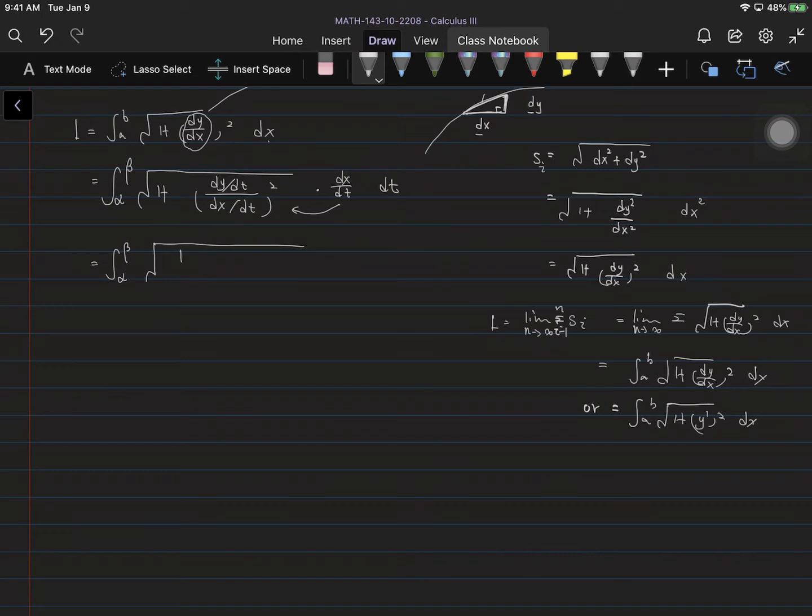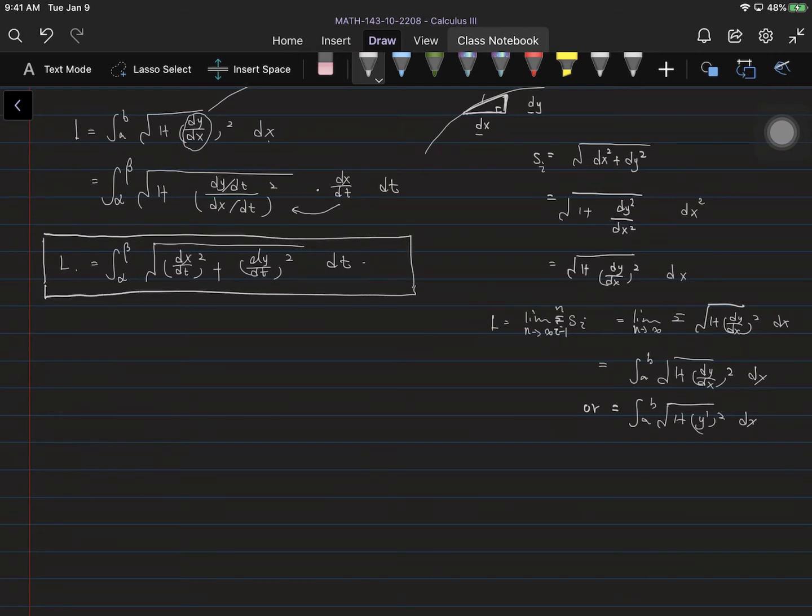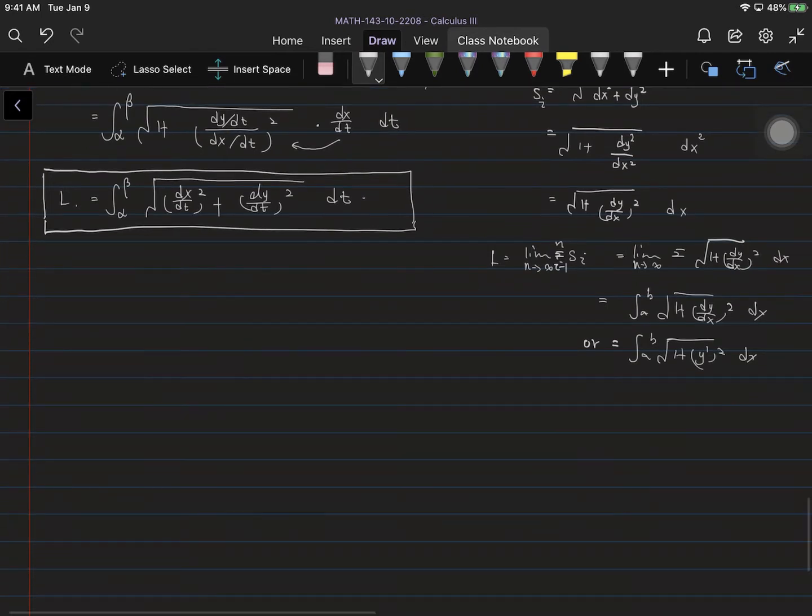And times 1 is (dx over dt) squared, and it cancels with the (dx over dt) squared at the bottom, becoming (dy over dt) squared, and dt. So that is the formula for parametric curves. Okay, let's box this formula. That is number 3, arc length. Here's the formula. Now let's take a look at the example.